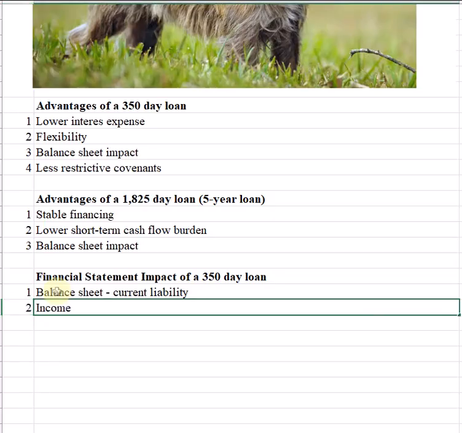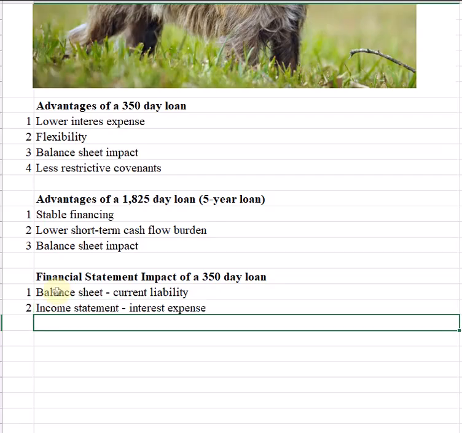On the income statement, we would have interest expense recorded during the year. On the cash flow statement, we would have cash outflows from financing activities when the loan is obtained.